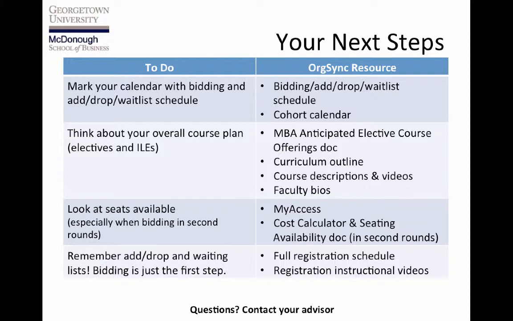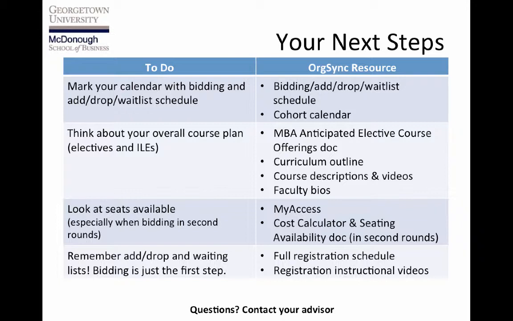Now I'm going to go through a little bit about next steps in the registration and bidding process. It's really important for you to take a look over the documents available on OrgSync on the registration page. You should definitely make sure that your calendars are marked for bidding, add drop, and waiting lists. If you use the cohort calendars, they're on there as well.